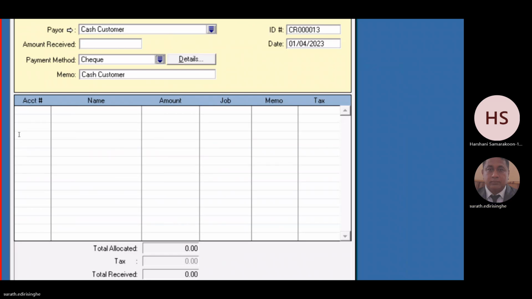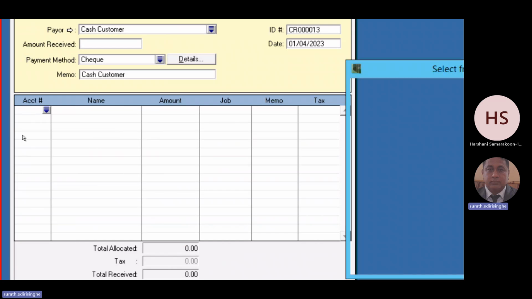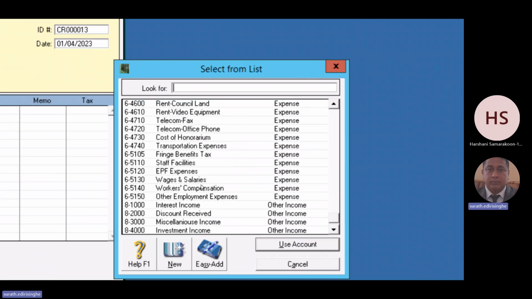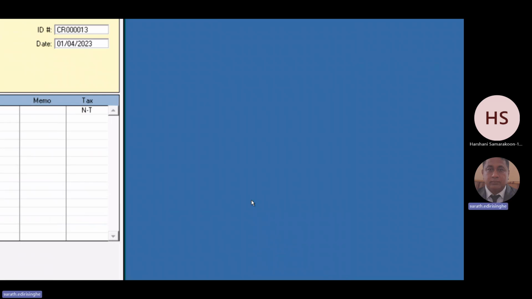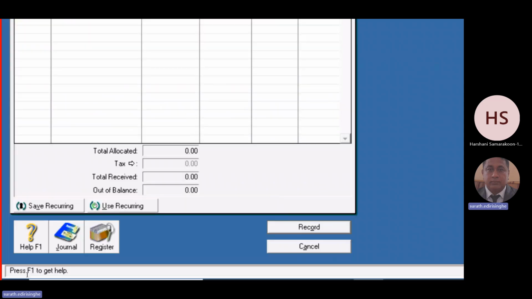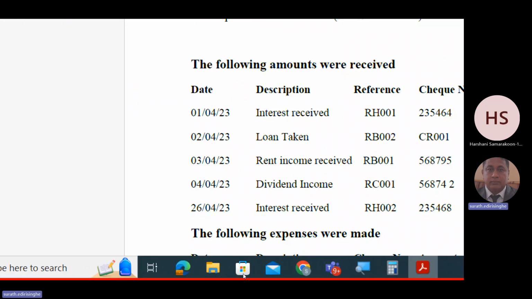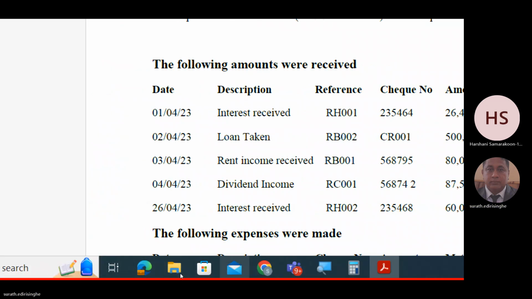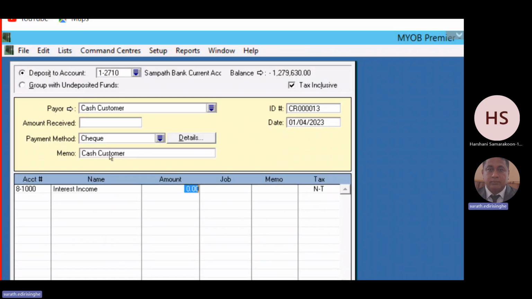Then my income account, the interest income account, under other income, interest income. Actually, we are not creating the interest income from some particular party, like this, just the general interest income account. Amount received is 26,400.